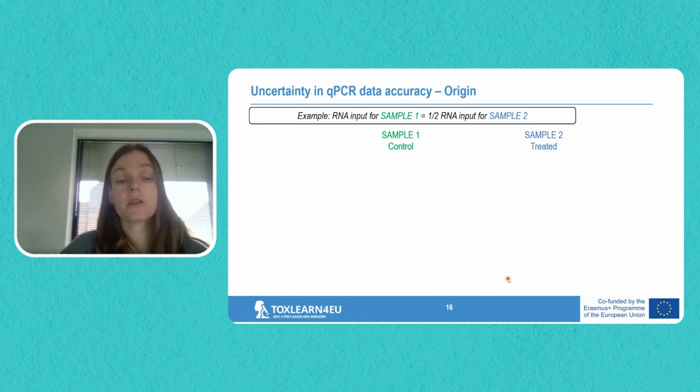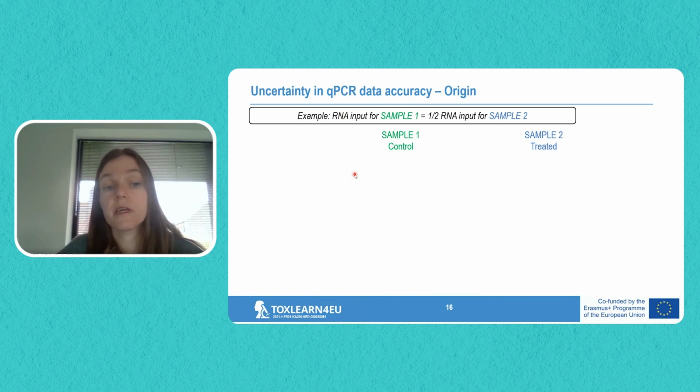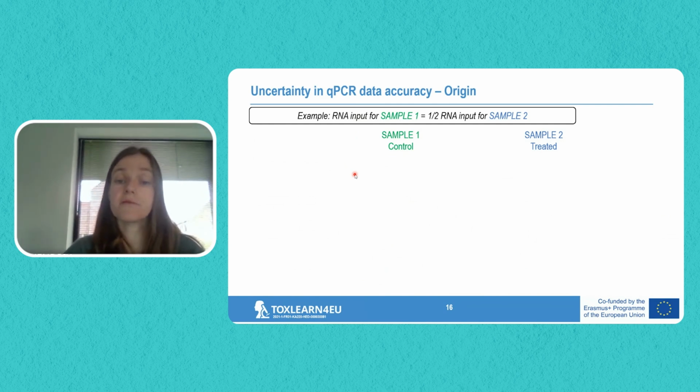I will make it more clear here with a more specific example. So differences in technical variation could, for example, be related to differences in RNA input. So you isolated RNA from sample 1 and from sample 2. And then from that RNA, you generate cDNA.